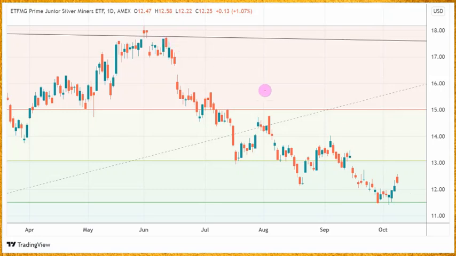If we drew a line down here like this, we need to break that first of all, and then we'd need to make a new high above 14 basically. So again, still early to say, but there is hope. If this comes back below here and breaks this low here, then we're looking at the 61% Fibonacci level further down at about 10ish.